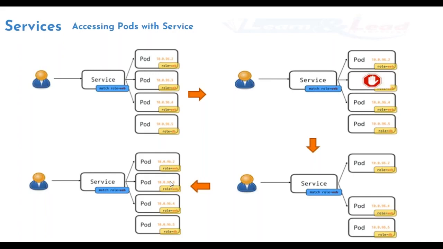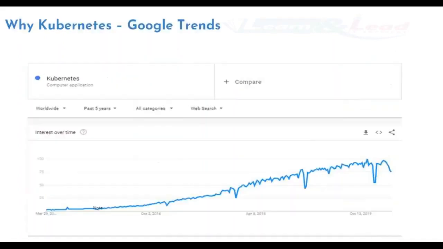So this is about the Kubernetes architecture and the Kubernetes terminology, team, at the top level. Now, if you think about why I should use Kubernetes, if you look at the Google Trends for the last 1 year, in March of last year it was around 25%.